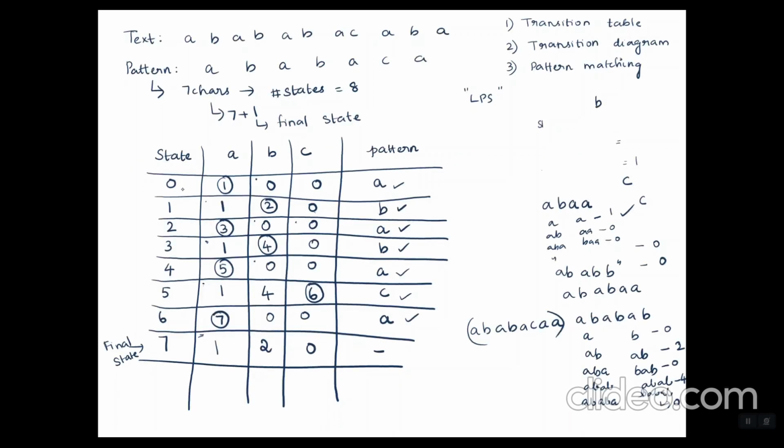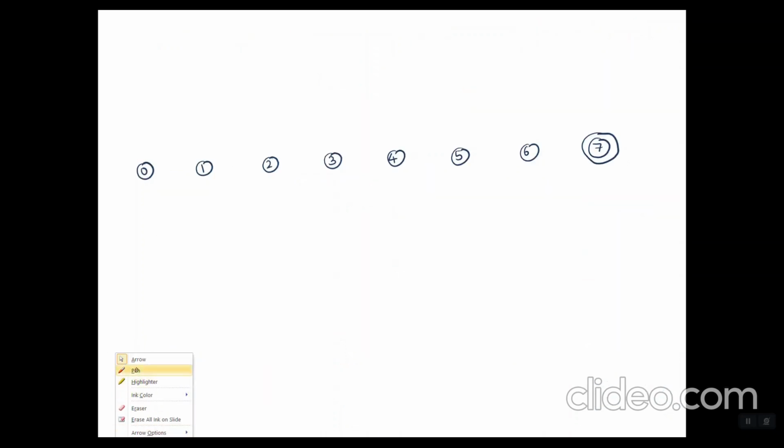Now I'm going to parallelly compare the table as well as the diagram. Coming to the figure, state 0 accepts A and goes to state 1. This is how I am going to construct my transition diagram.